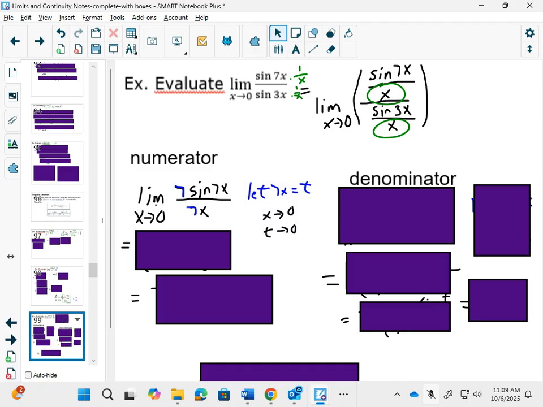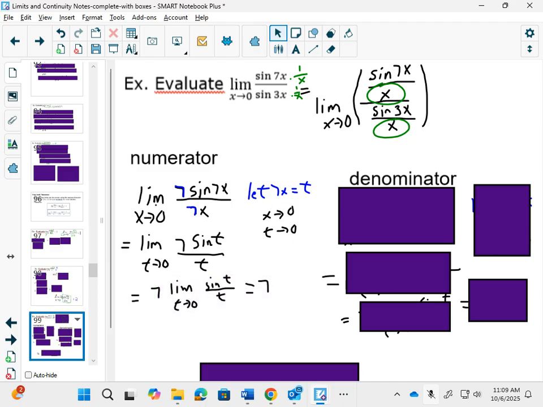So we can do a substitution here, or I am okay with you also saying, well, if I know that x goes to 0, then 7x would also go to 0. So this limit here, do the substitution if you'd like, but this limit's going to equal 7.